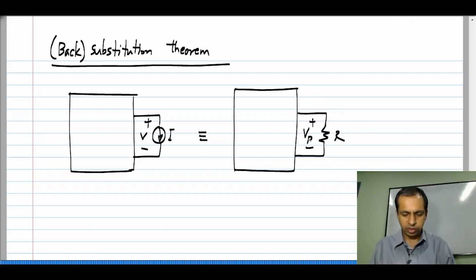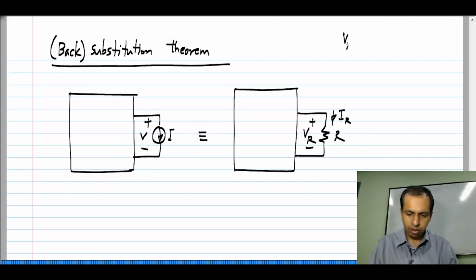Let us say the voltage across the resistor is VR and the current through the resistor is IR. And we want VR and IR to be exactly the same as V and I. So, we want to substitute this current source with a resistor without altering any voltage or current in the circuit.